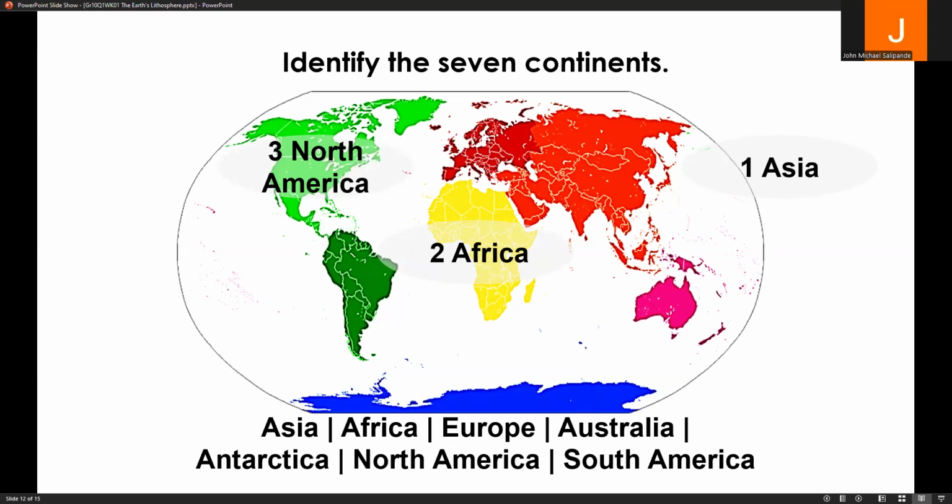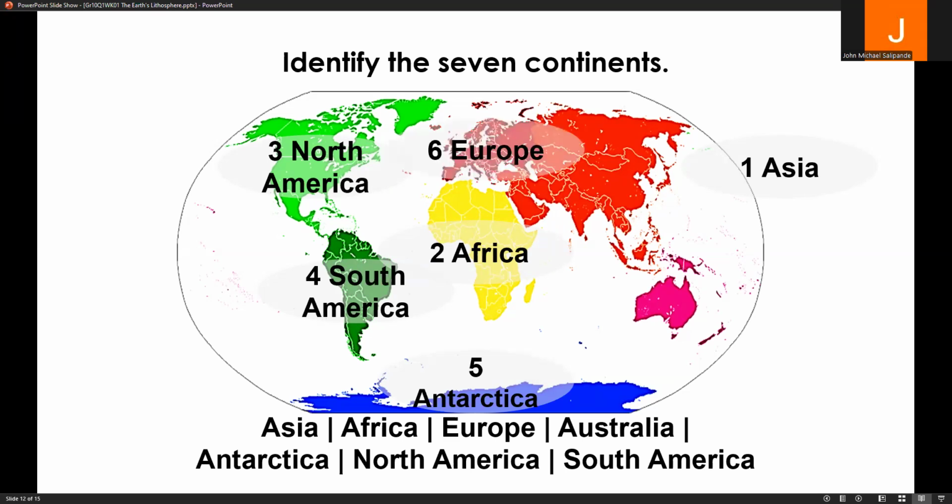And then below North America is the fourth largest continent in dark green, that's South America. And then to be followed by the mostly icy continent, which is Antarctica, the one in blue. Next is Europe, the one in red. And the smallest continent, which also happens to be a country, is Australia.